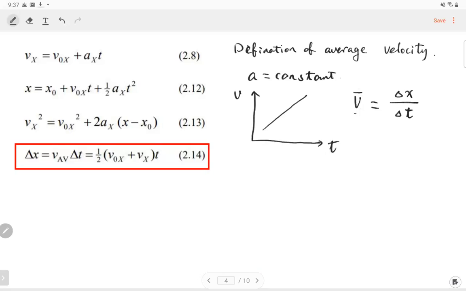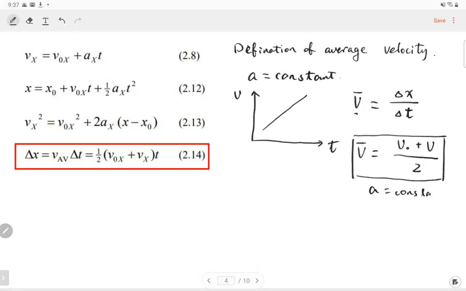The average velocity is equal to the initial velocity plus the final velocity over 2. This only applies when acceleration is a constant. If a is not constant, they are not equivalent.